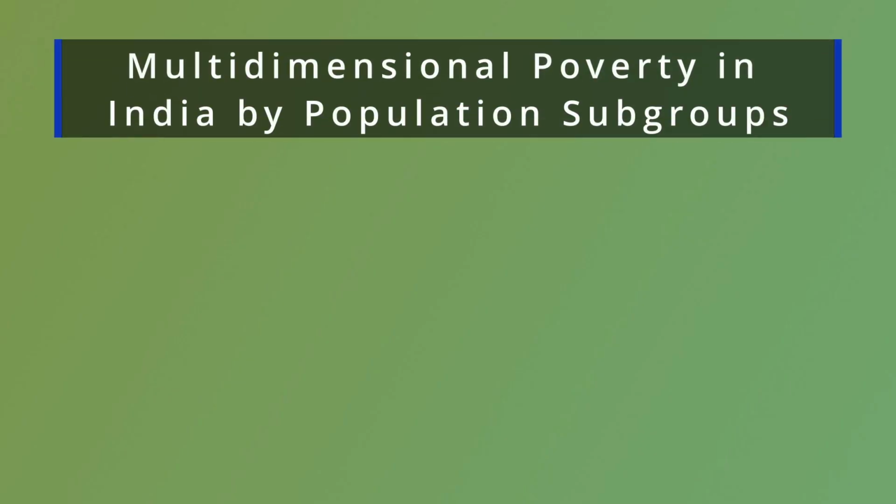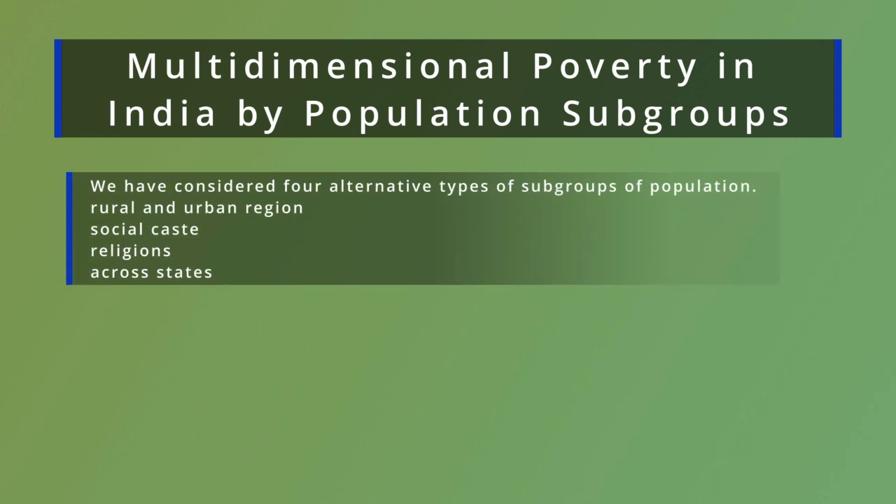Now we come to section 5, which analyzes the trends and dynamics of multidimensional poverty by considering different subgroups of the population. Here we have considered four alternative types of subgroups of population: rural and urban region, social caste, religions, and across states.